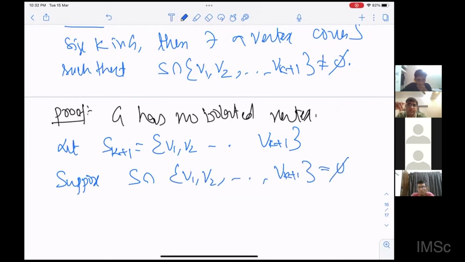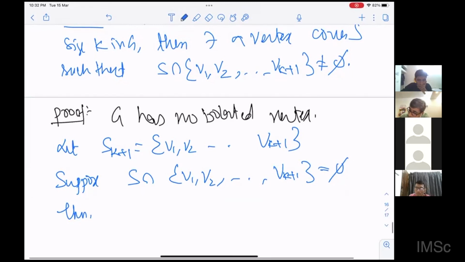Then S should contain all the neighbors of S_{k+1}. So the neighborhood of S_{k+1} is bounded inside S, and its size will be bounded by k.